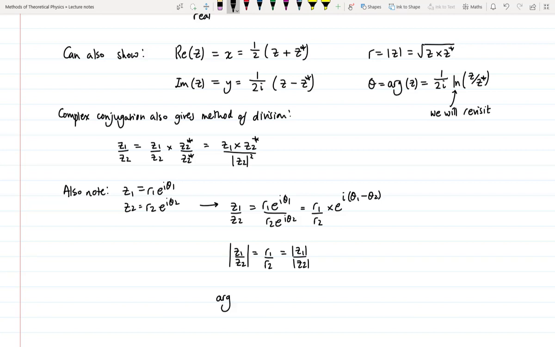And also the argument of z1 over z2 is given by theta 1 minus theta 2, which is the same as the argument of z1 times z2 star. And we can also write this as simply the argument of z1 minus the argument of z2.